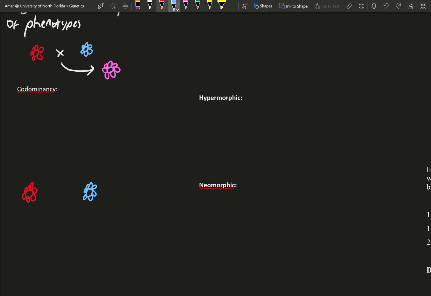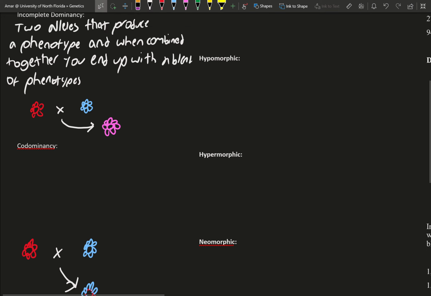In a codominant situation, we should get a flower that is red and blue. So something like this, it has red petals, and some blue ones. That would be something like codominancy.